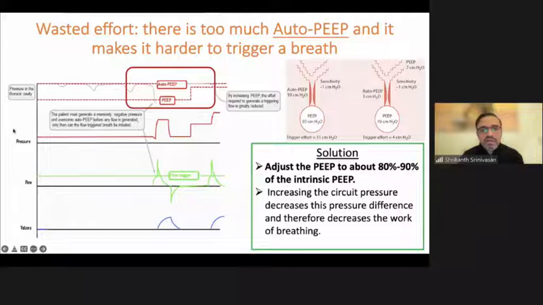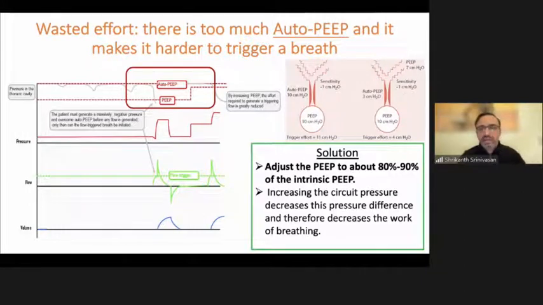How do we handle this? First of all, we do an expiratory hold to see the auto PEEP, right? An expiratory hold maneuver will give you an average of the auto PEEP within the respiratory system. Mind you, it's a very non-homogeneous system in COPD or even in severe asthma for that matter. So the expiratory hold gives you an average of the auto PEEP. So that tells you that this would be the basic amount of auto PEEP which is there.